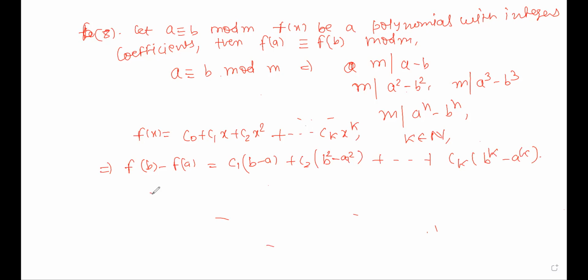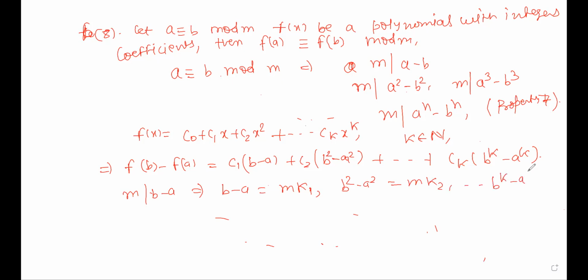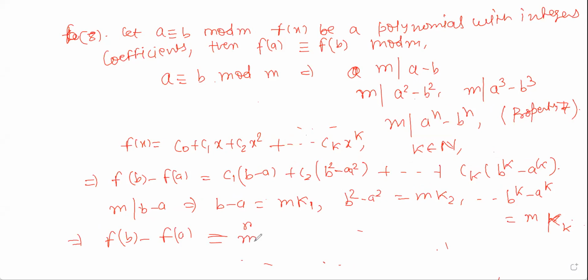Since m divides b minus a, this implies by property 6, m divides b minus a, therefore b minus a equal to mk1, b squared minus a squared equal to mk2, similarly b^k minus a^k equal to mkk, and thus f(b) minus f(a) equal to m(k1c1 plus k2c2 plus up to ckkk).